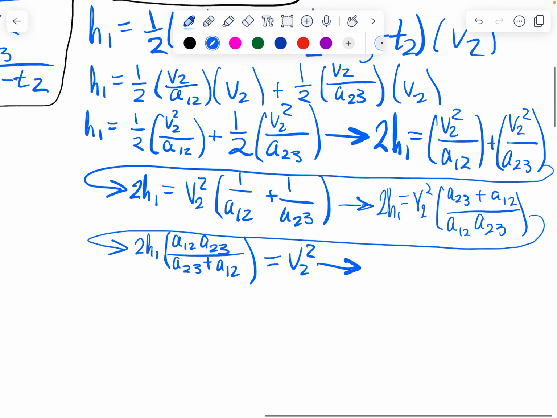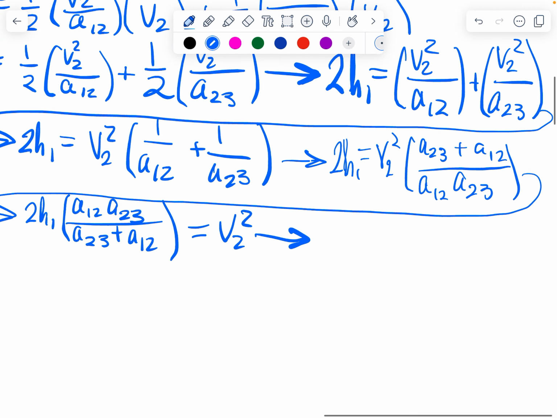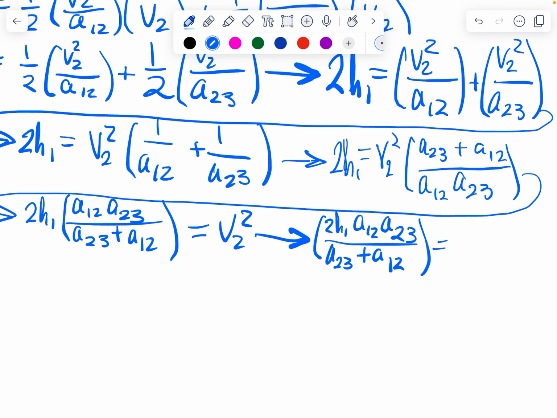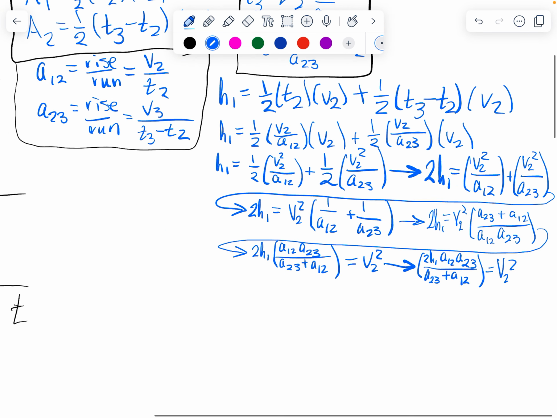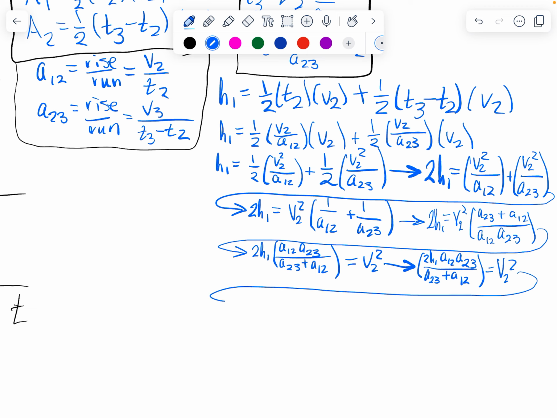Awesome. I'm just going to simplify that a little. So that's going to be 2H1, A12, A23 over A23 plus A12 equals V2 squared. So now what? We just have to do one more thing to isolate V2, and that's to square root V2 squared. So we're going to square root both sides.